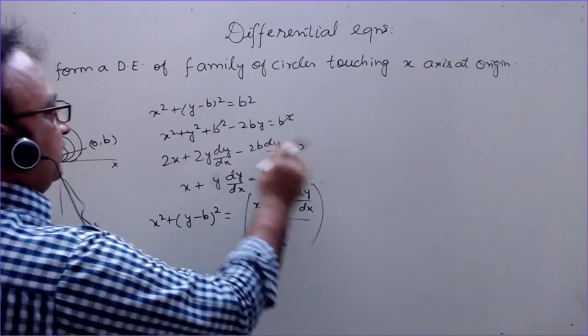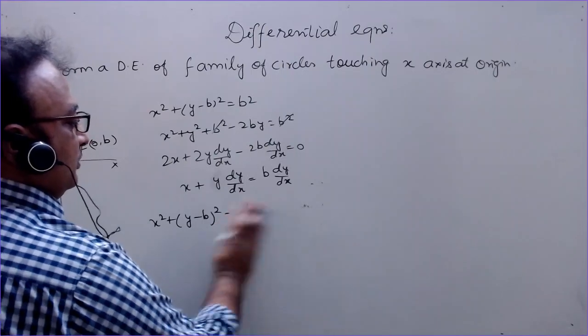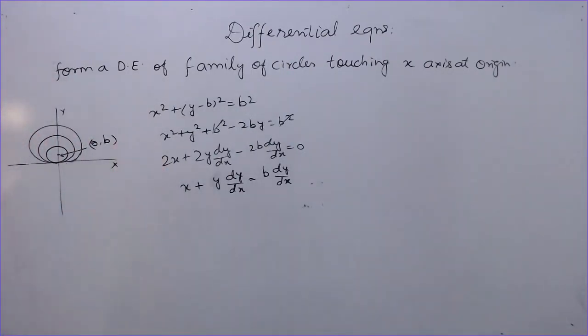Sorry, not whole square. b square will be cancelled. In this equation you have to put the value.